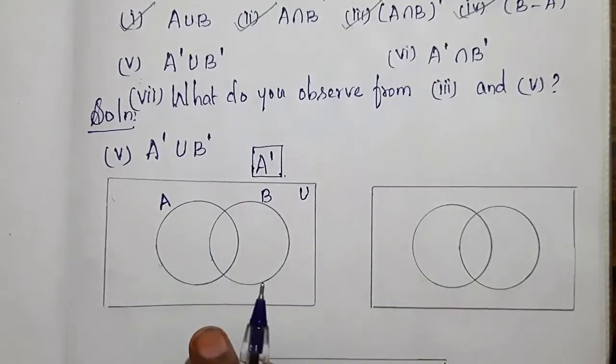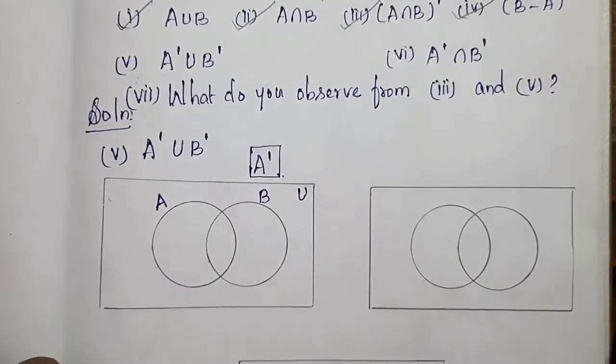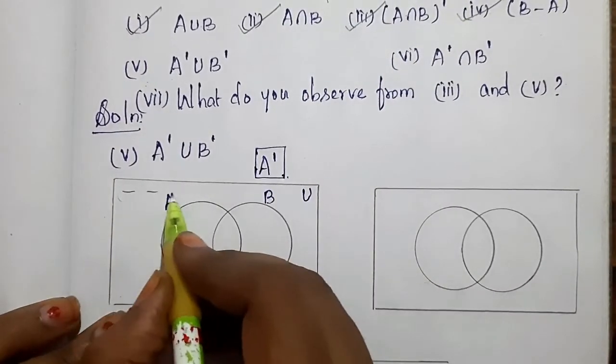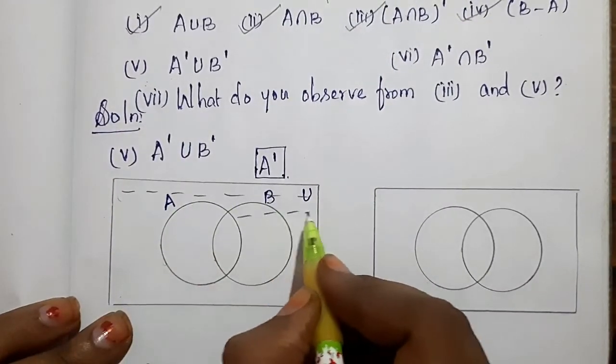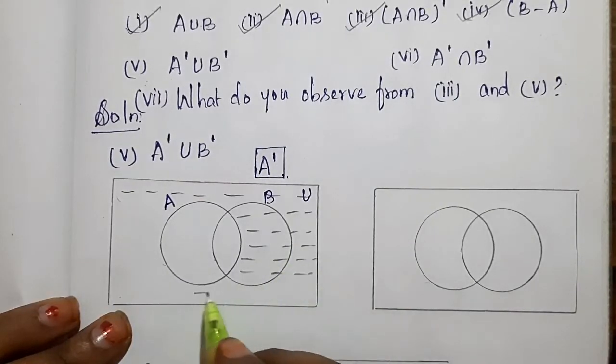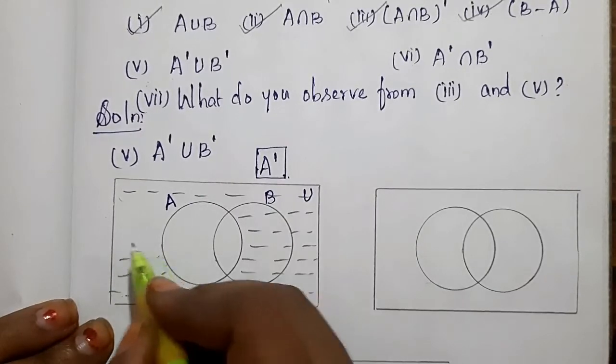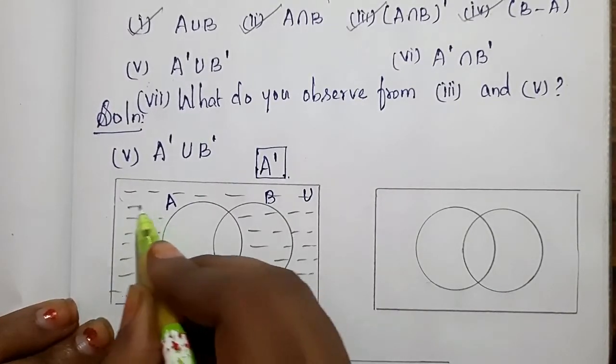A complement means except A, remaining everything you can choose. So the shaded part will be except A, remaining all the parts. It is A complement.